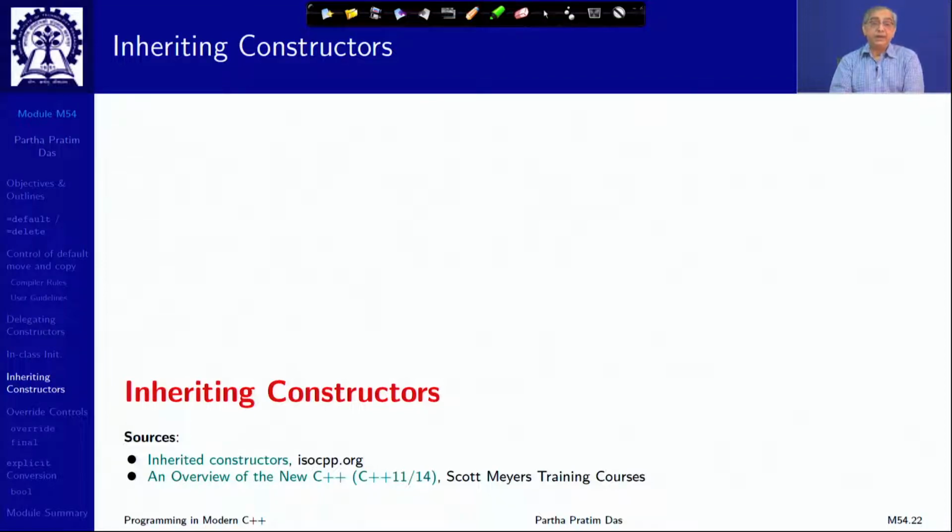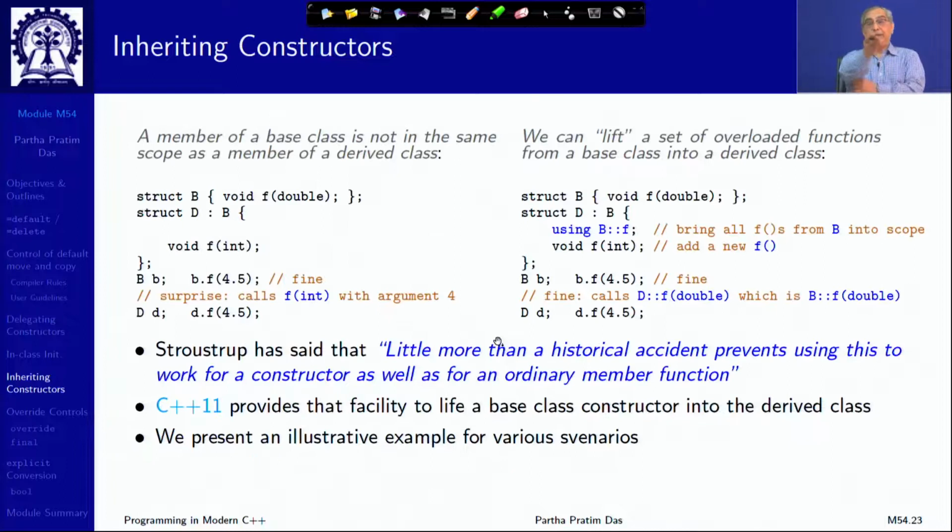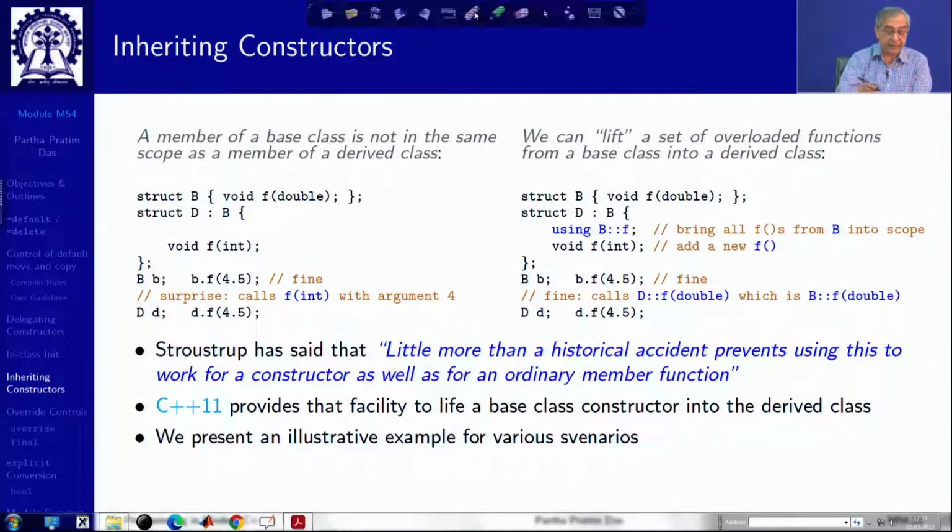The next is about inheriting constructors. You know about inheriting member functions, right? And you know that a derived class will inherit the member functions of the base class. But the moment you declare a member function in the derived class by the same name, the base class member function will get hidden.